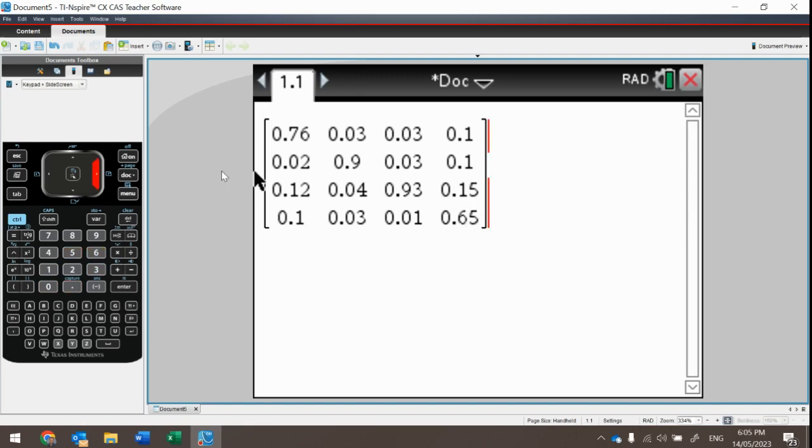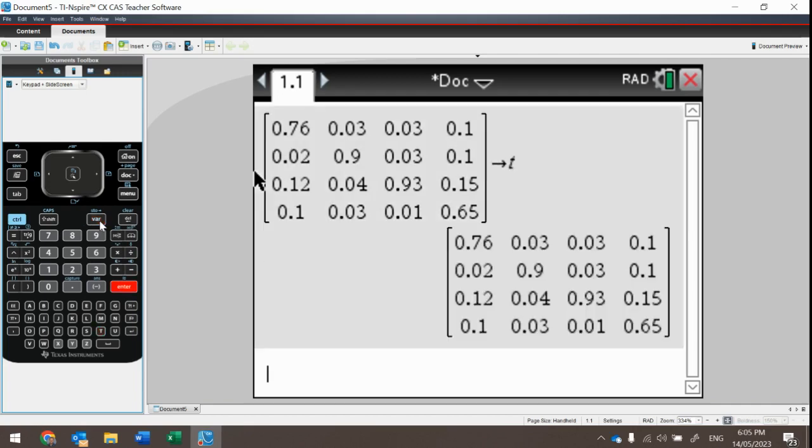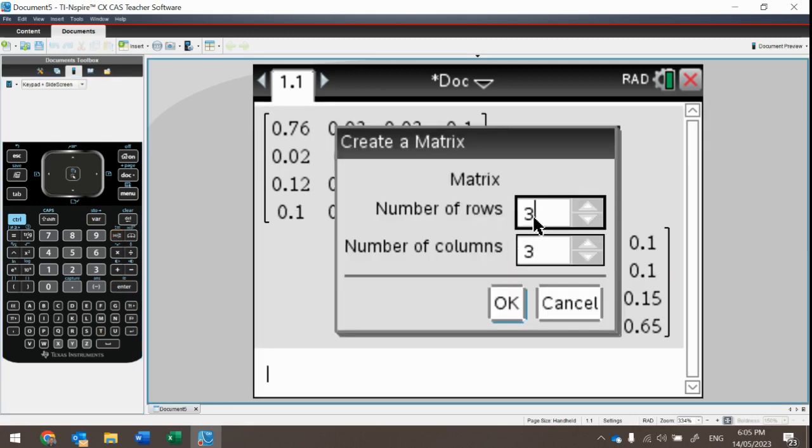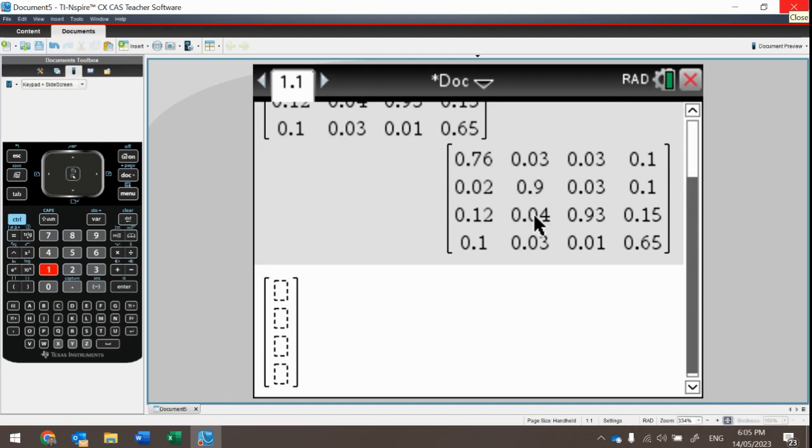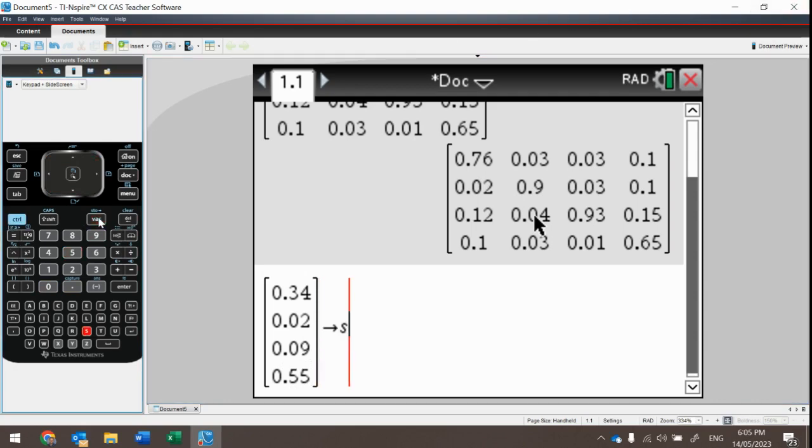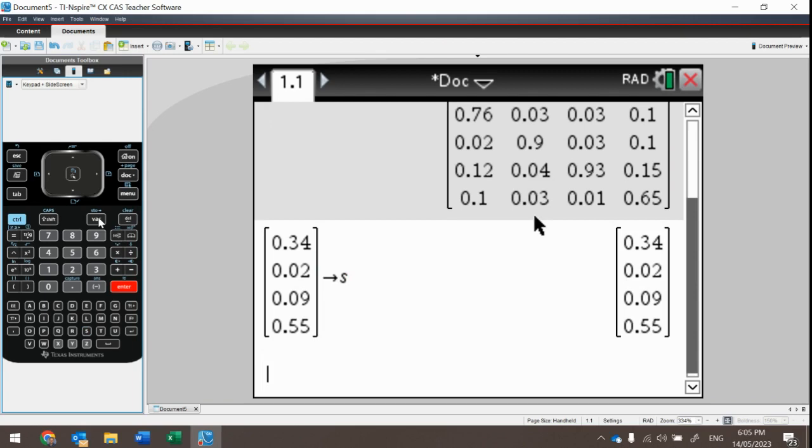All right, so there's my transition matrix. I'm going to save that as the variable T. Enter. I'm going to do the same for my initial state. So that'll be a 4 by 1. Save that as just S.